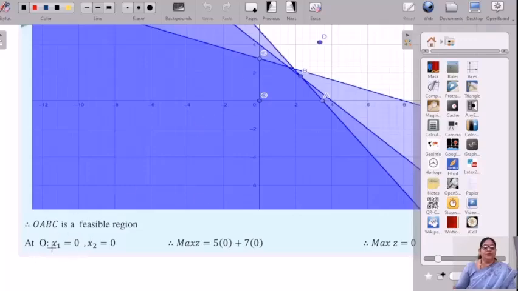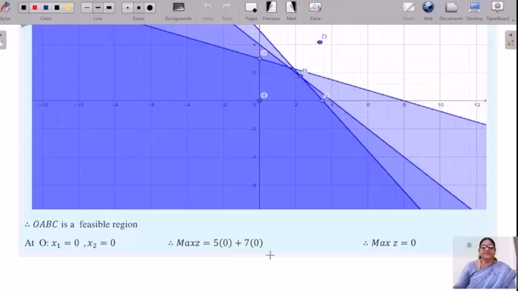At point O, the origin, the coordinates are x1 equal to 0, x2 equal to 0, and our objective function is maximize z equal to 5x1 plus 7x2. When we put x1 equal to 0, x2 equal to 0, maximize z equal to 0. Similarly, at point A, the coordinates of A are 4, 0.